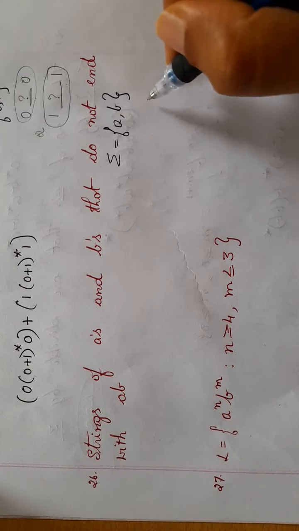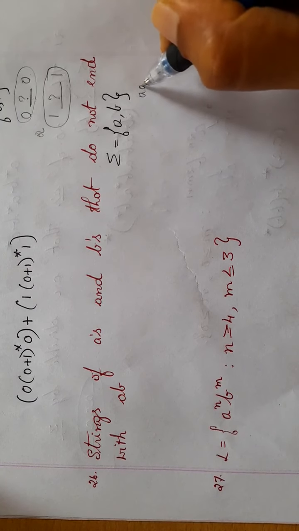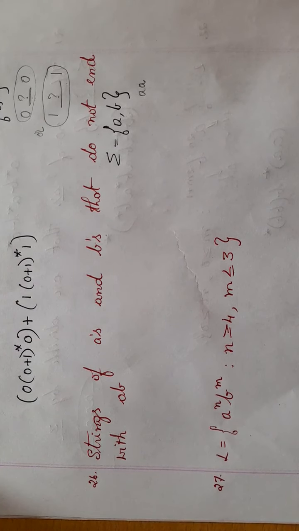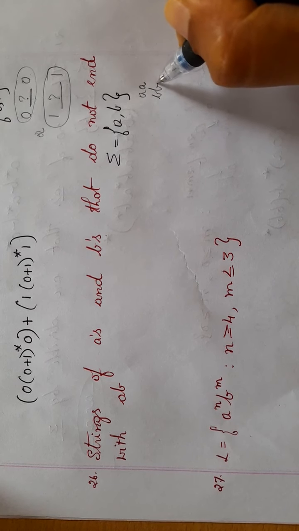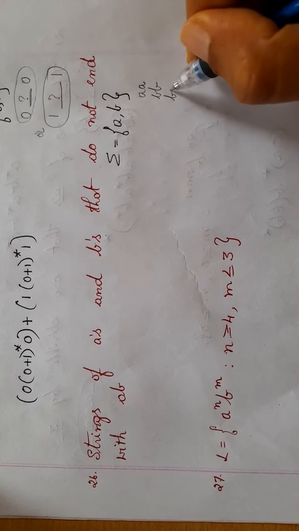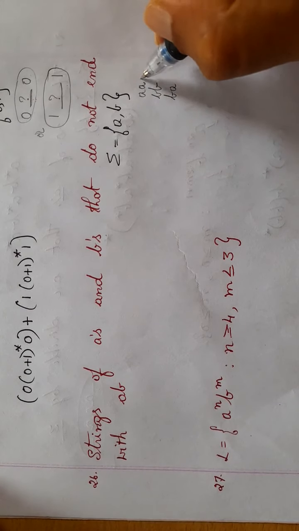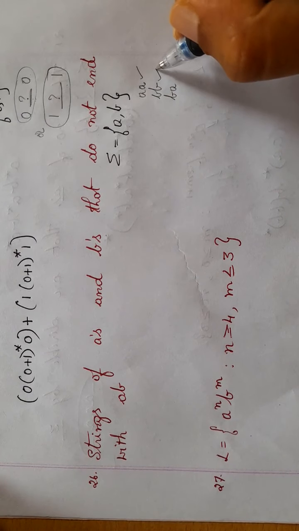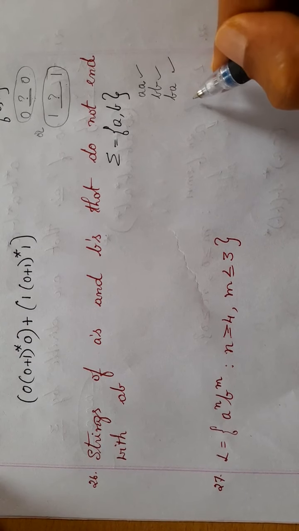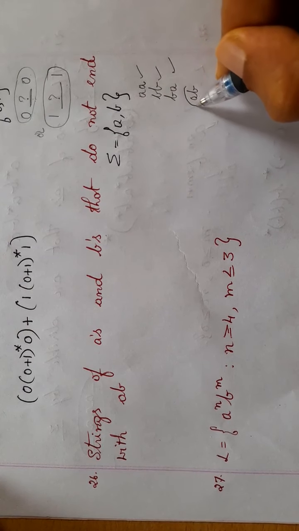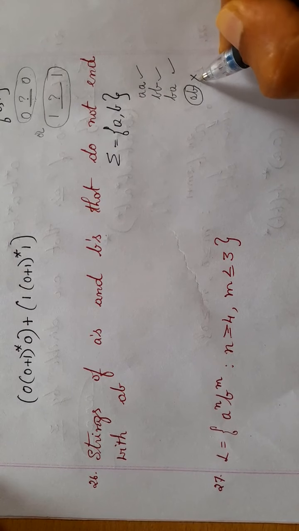At the end I can have AA, I can have BB, I can have BA, but I shouldn't have the AB combination.